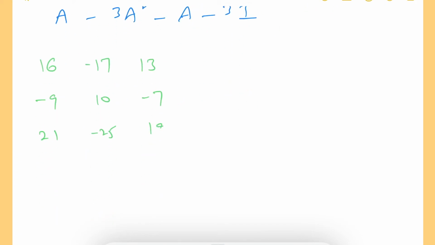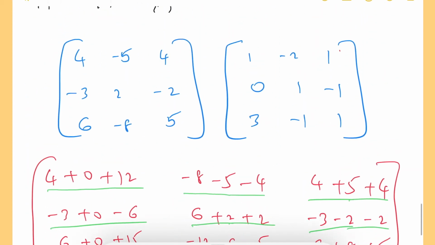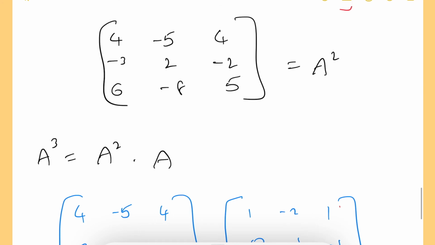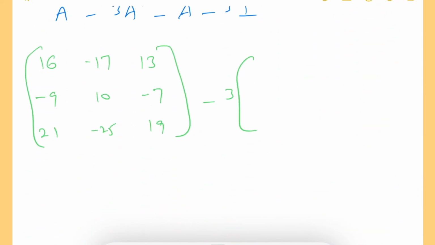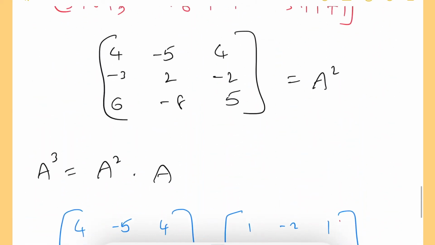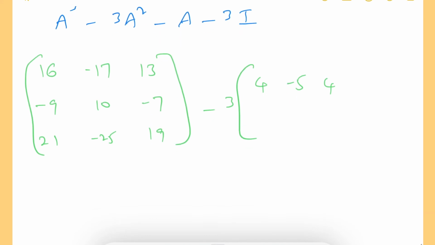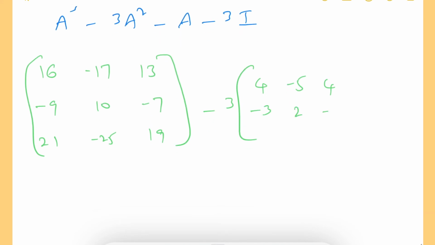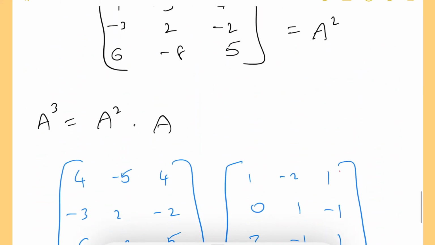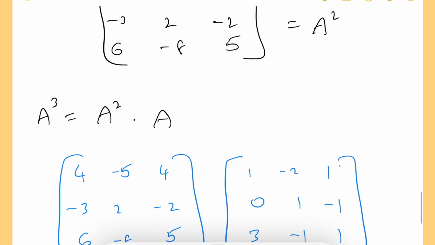This is the A cube value, minus 3 into the A square value. The A square value we got as 4 minus 5 4, minus 3 2 minus 2, 6 minus 8 5.